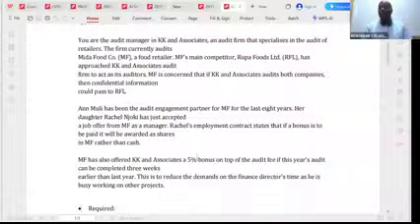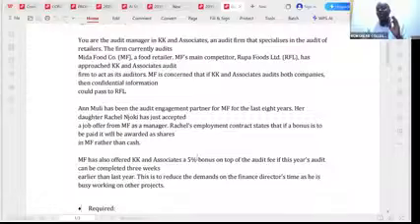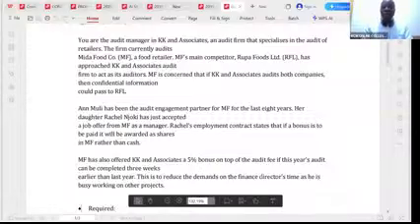So when I come to your firm and you tell me that I need to finish this in 3 weeks, even if you're offering a percentage, even if you're going to offer an extra fee for me to work quickly, I'll be able to raise a red flag. This is said to reduce the demands on the finance director's time as he is busy working on other projects.